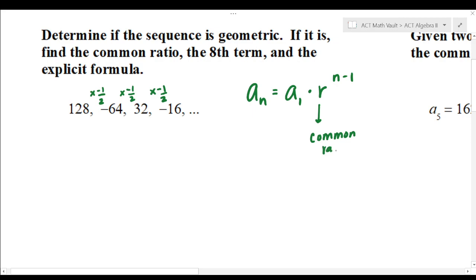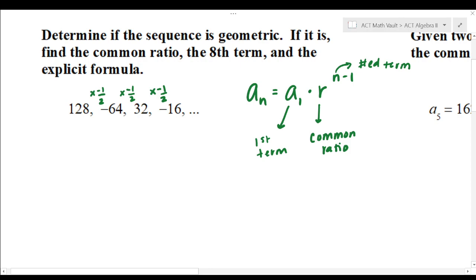Common ratio, as opposed to the common difference in the arithmetic sequences. A sub 1 is the first term in that list there. And the n, that's like the numbered term that you're looking for.